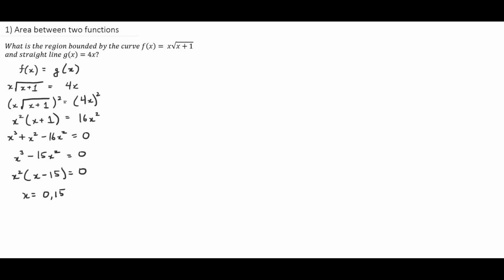So therefore we know that x is equal to 0 and 15. Now that we have the points where the two functions intersect, we can plug this into the calculator.